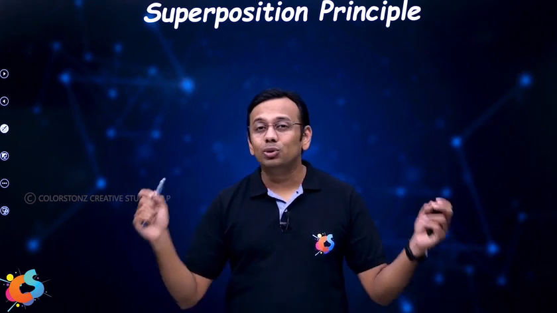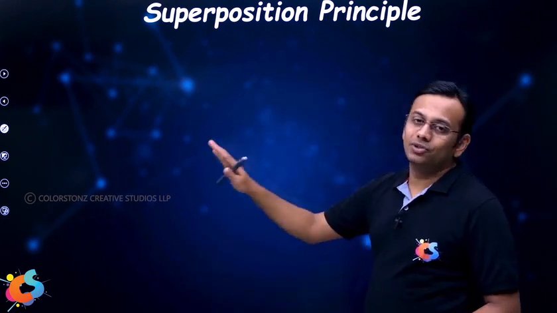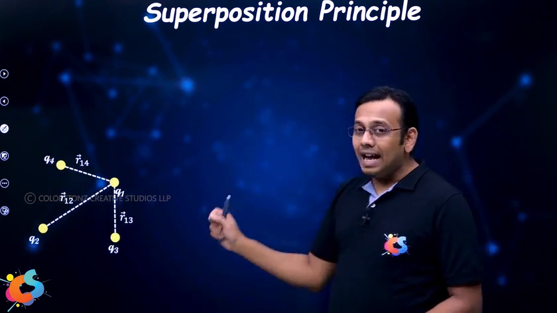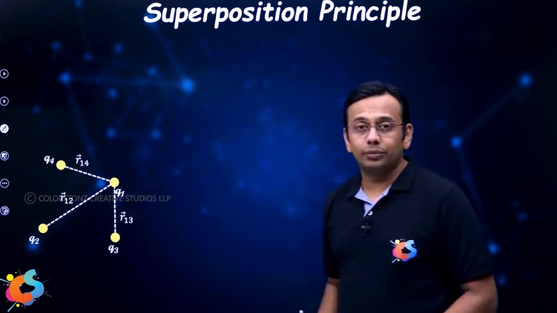If there are multiple charges, then how do we deal with it? Because in Coulomb's law, we have only considered the case of two charges exerting electrostatic force on each other. So let us go ahead and try to understand that. Let me take a system of charges here. So we have four charges, Q1, Q2, Q3 and Q4.